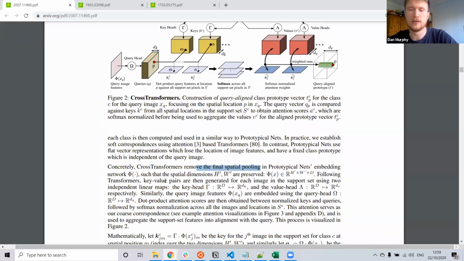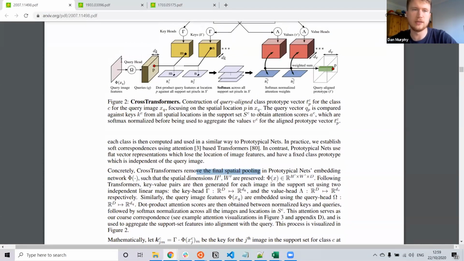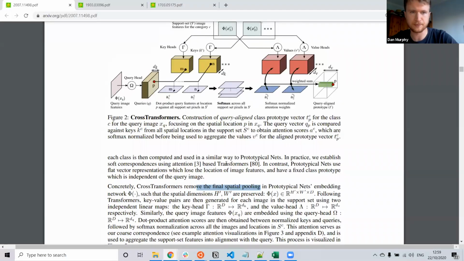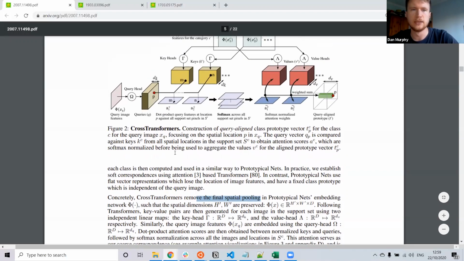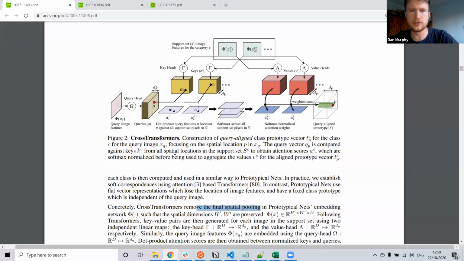The way that they talk about it in the appendix, they actually pre-train this on the training set in the way that's described above for the prototypical nets on their own. So they've got this prototypical net, they've stripped off the final pooling layer, and then they introduce the key, value and query heads from transformers.